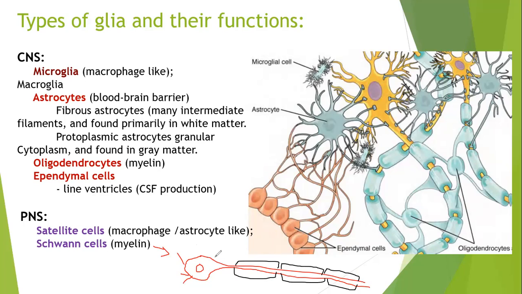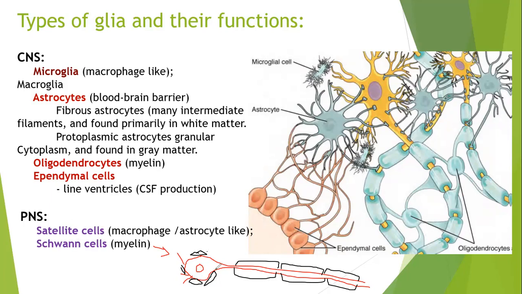Now, in cases where we have aggregation of, what are they called, the cell bodies, you may find that in between we have some cells that come and oppose themselves on the surface of the cell body. These cells will give protection to the cell body, and they're the ones which are known as the satellite cells.